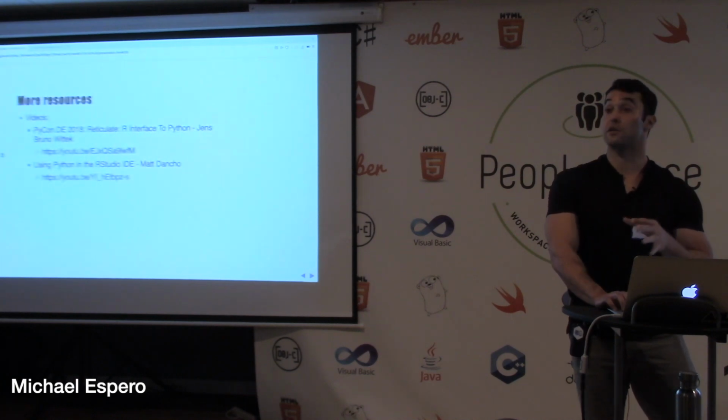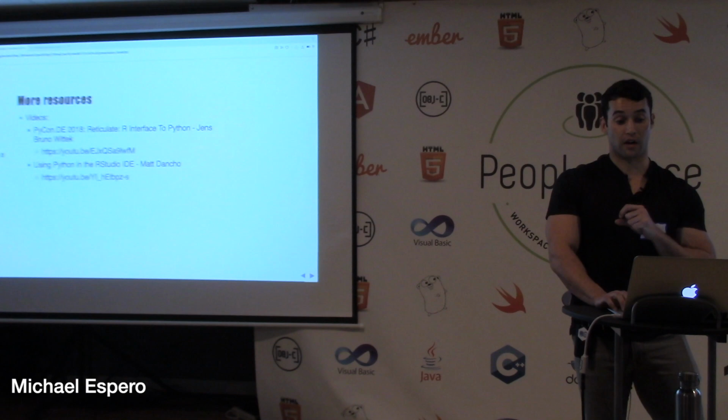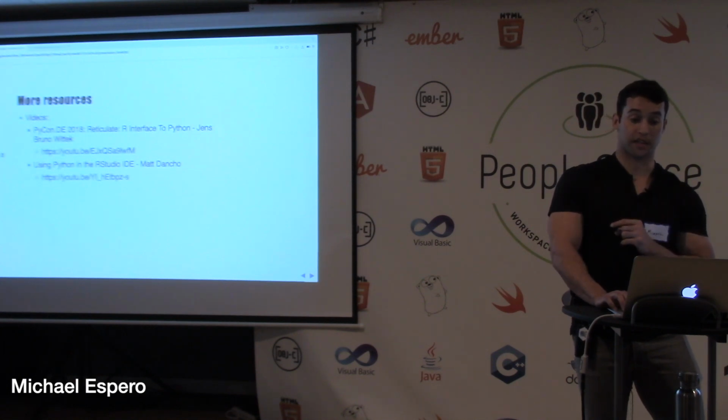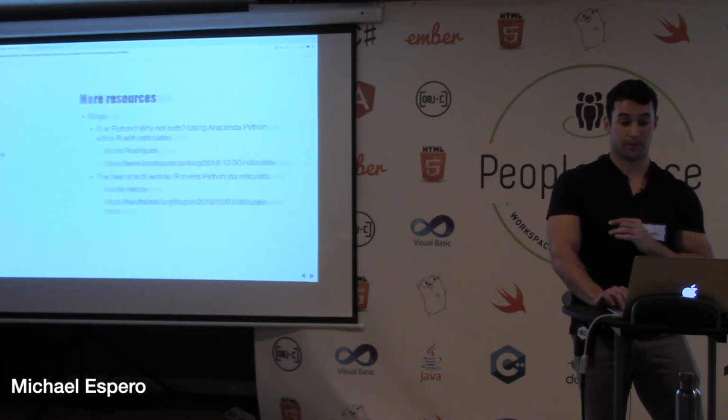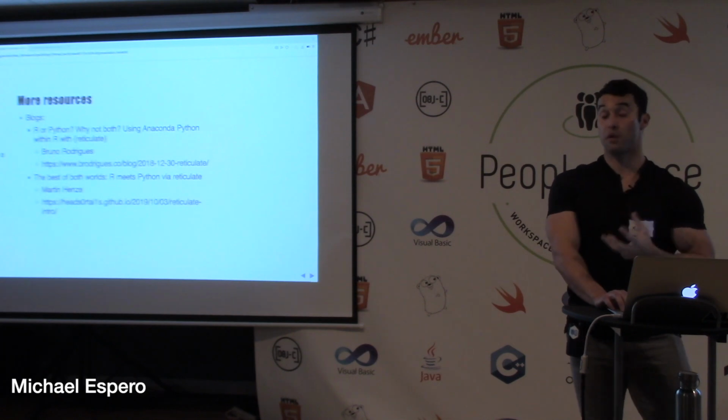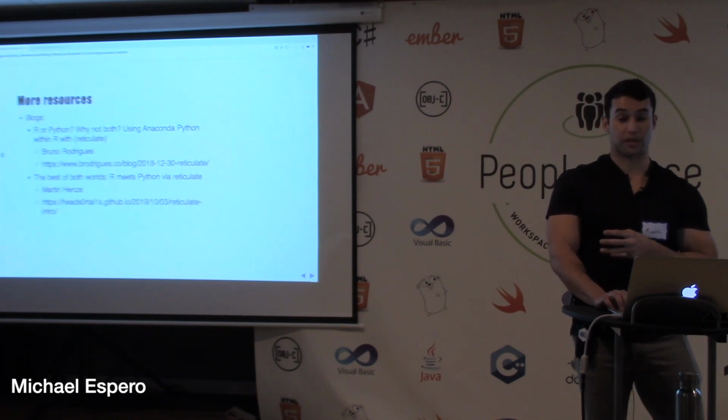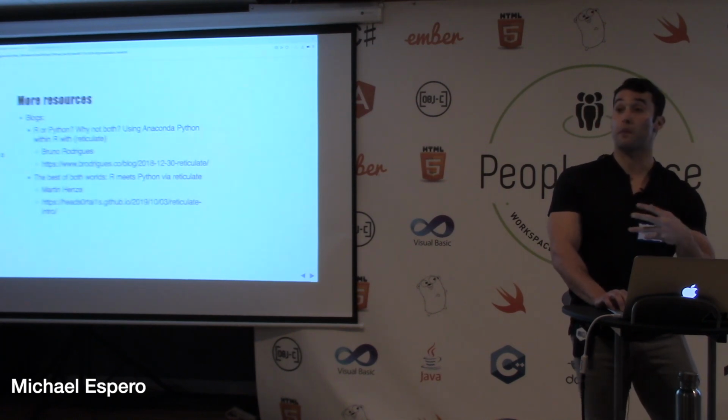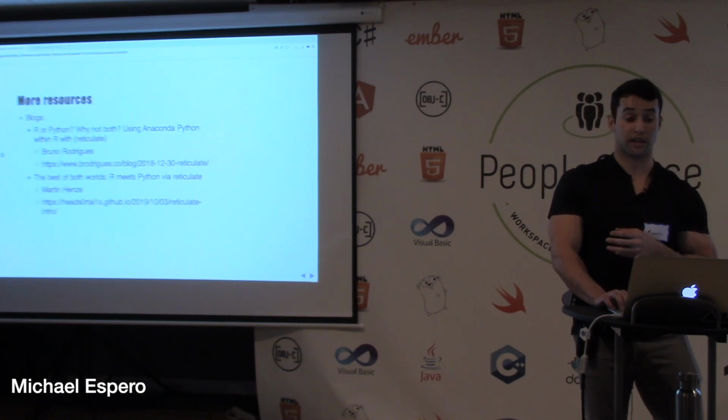There are videos out there of other individuals presenting on using R and Python together using Reticulate. You might want to check out. And there are plenty of blog posts too, for all sorts of applications, building web applications using Reticulate, whether that's with Shiny or something else, deploying models, whatever you can think of, you probably can do it with this sort of a setup.